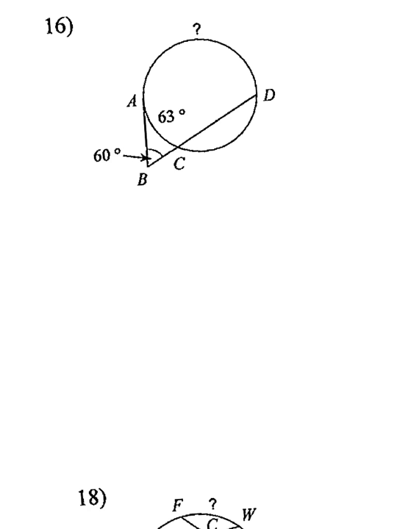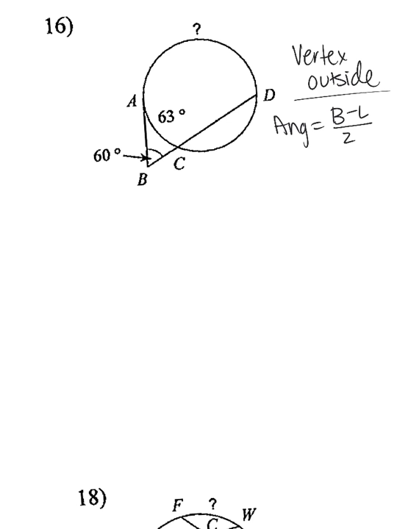Again, I have the vertex outside. So I'm going to continue with this angle equals big arc minus little divided by 2 formula. In this case, we know the angle, we know the little arc, and we know, oh, we don't know the big arc.